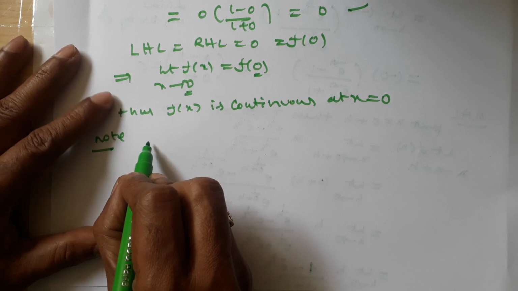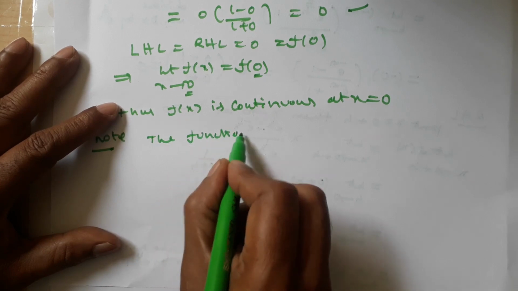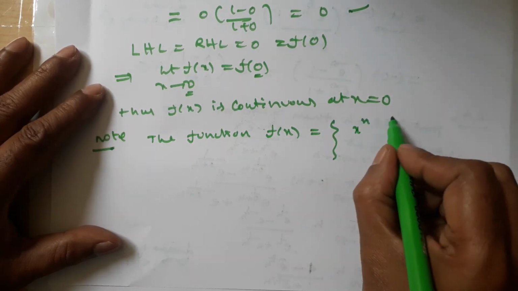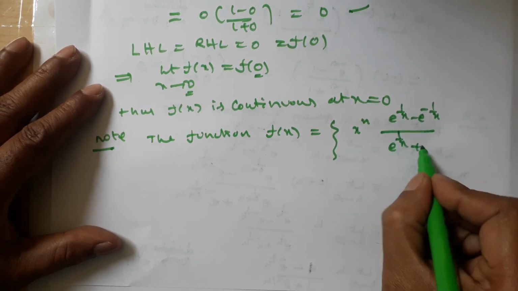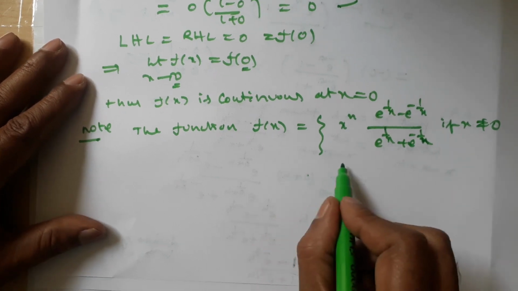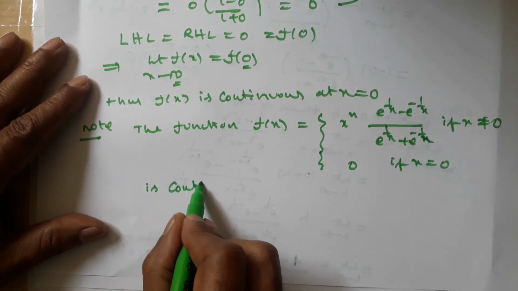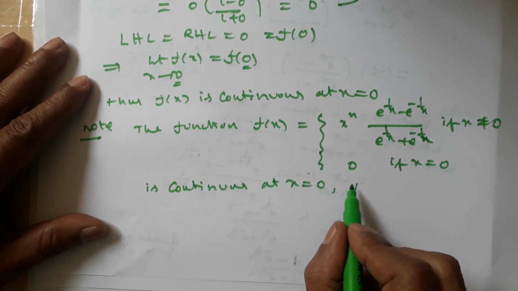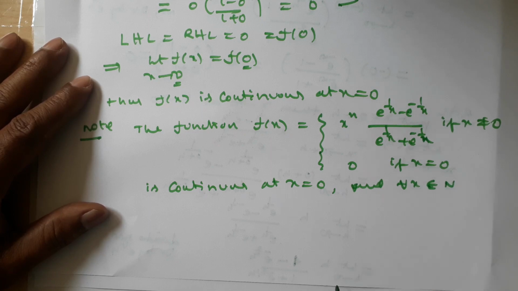That is, the function f of x is equal to x power n into (e power 1 by x minus e power minus 1 by x) divided by (e power 1 by x plus e power minus 1 by x) if x is not equal to 0, and equal to 0 if x is equal to 0, is continuous at x is equal to 0, for all n belonging to N, for all positive numbers.